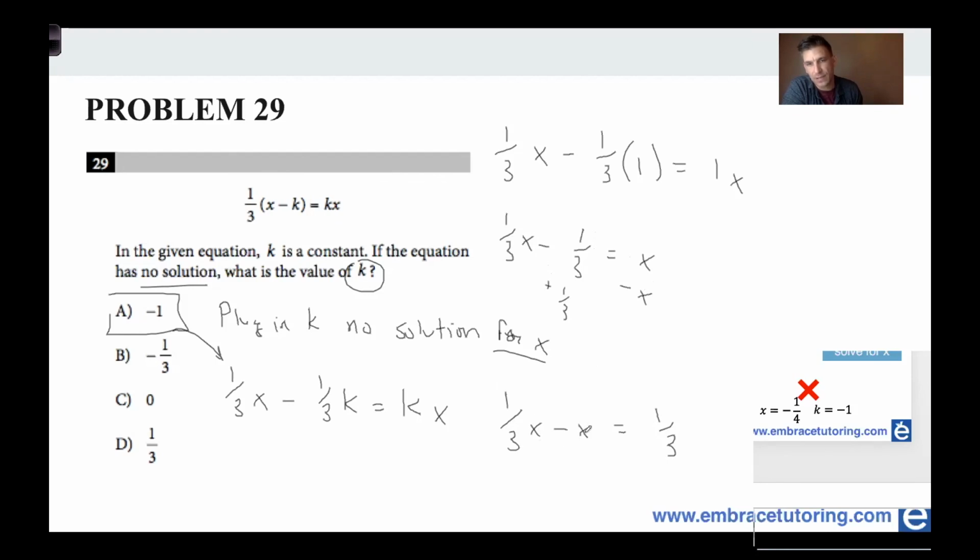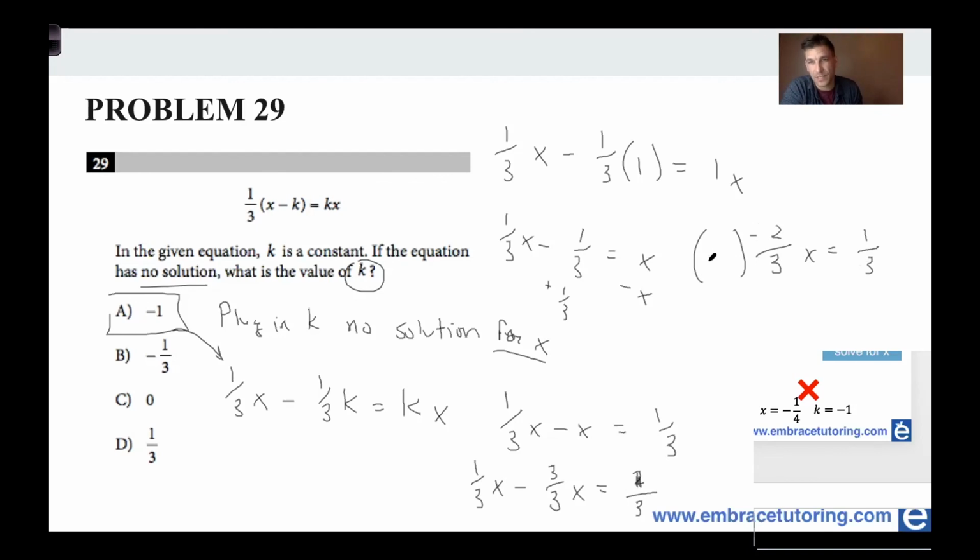Now, because these are both an x, I have to make a common denominator. So this becomes 1/3 x minus 3/3 x equals 1/3. This simplifies, and I get -2/3 x equals my 1/3. You can already tell that I'm going to be able to solve for x.